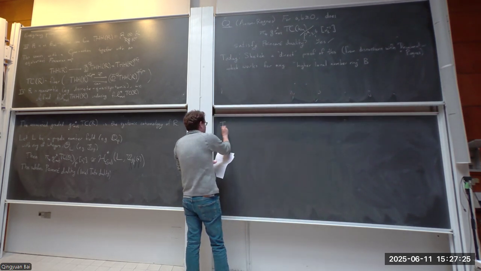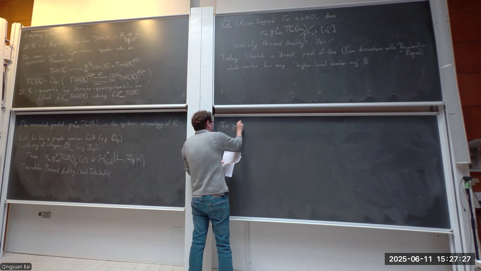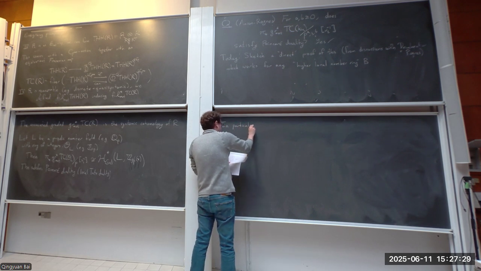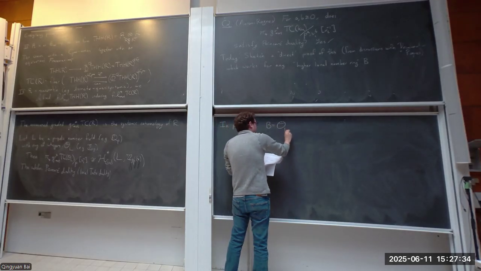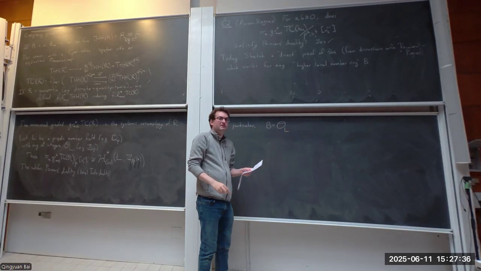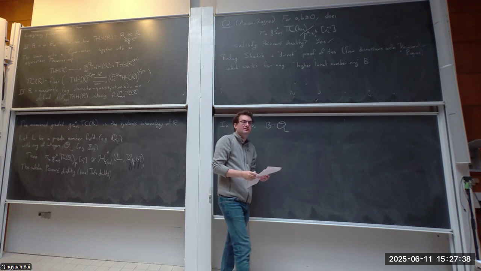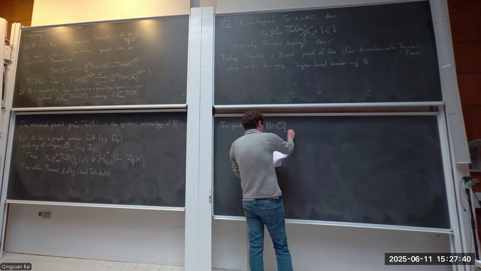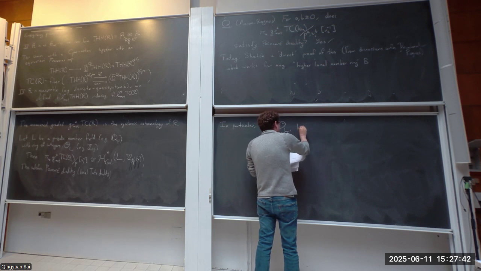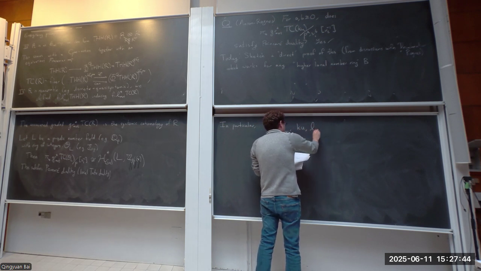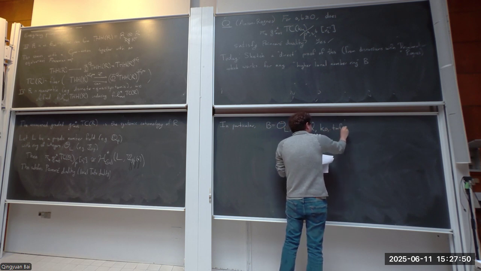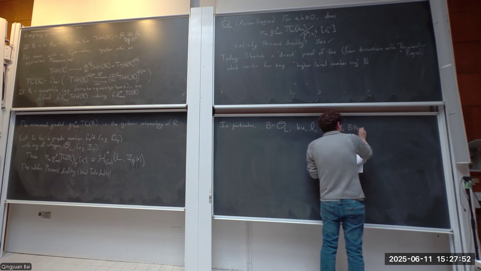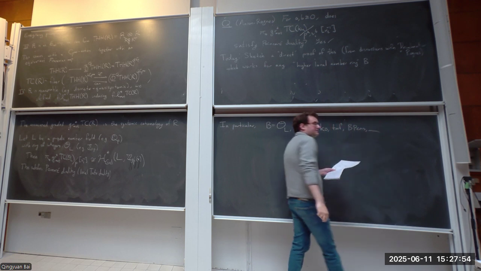So in particular, I want to prove duality in a uniform manner for any ring of integers. So reprove Tate duality in the classical form. At least these kinds of rings.